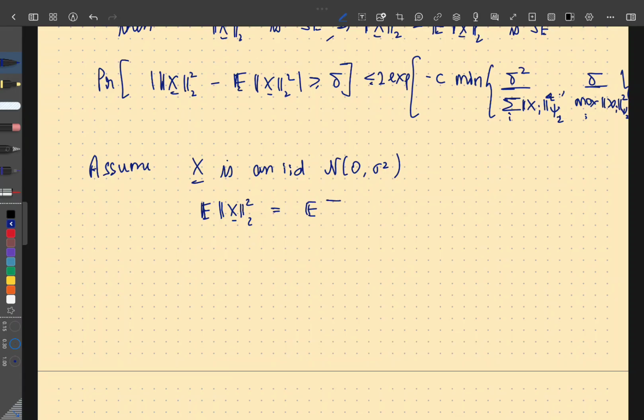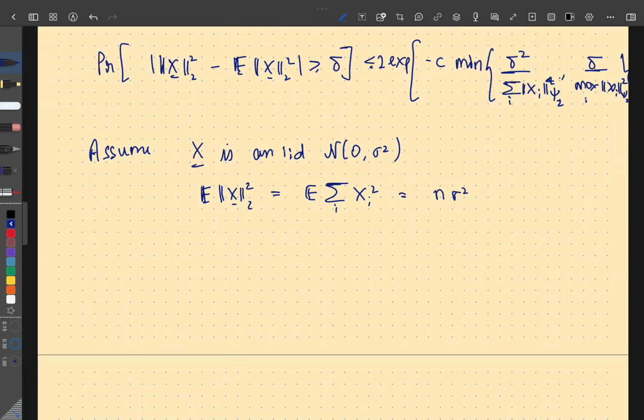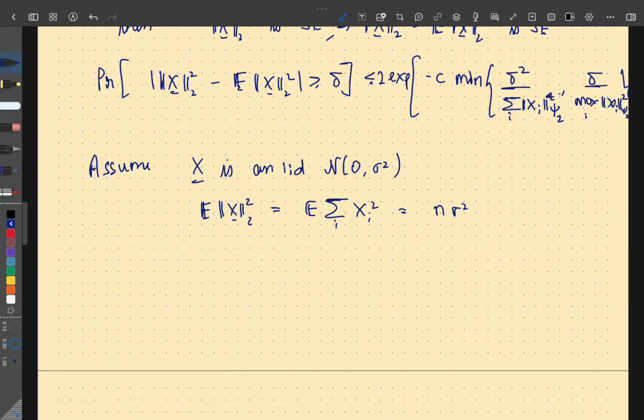So this is the expectation of the sum over i of xi square, which is n times the variance. And we also saw what the subgaussian norm square is. Maybe I think it was 8 by 3 sigma square, but it's some universal constant times sigma square.